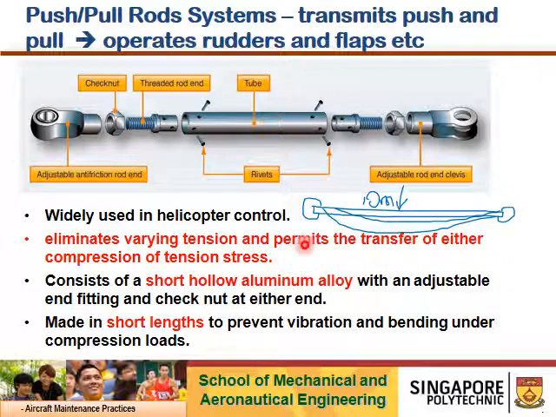And this is the reason why units are made in a short length, maybe less than a meter or so. So that's why you don't get to see a push-pull rod system from the cockpit all the way to the empennage or to the main wing. All right. So do take note that it's quite similar.